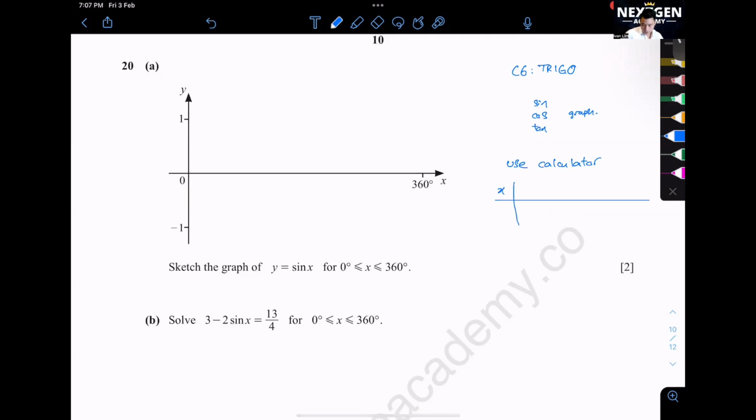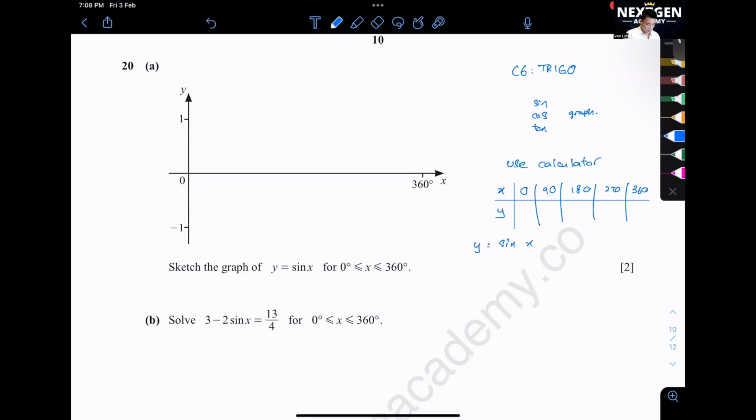For all your x values, you need to do intervals of 90. So you count like this: 0, 90, 180, 270, 360. This is to show one cycle, one period. Just take out your calculator and type what is sine x.